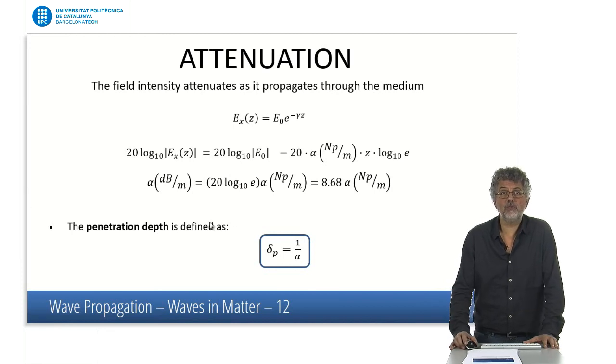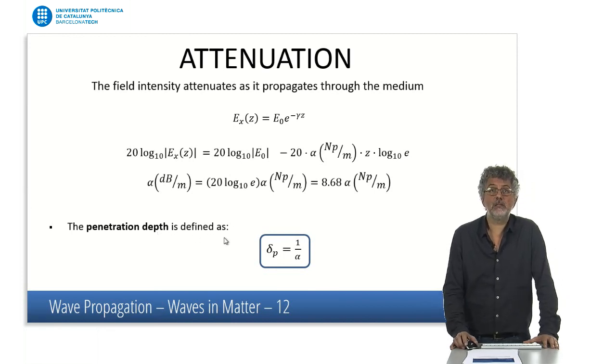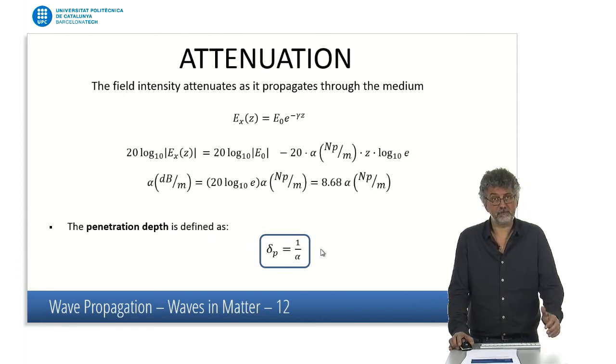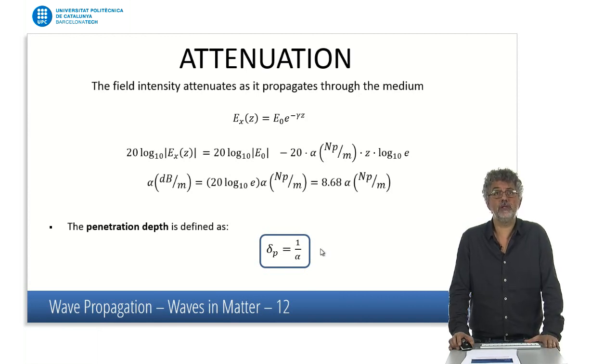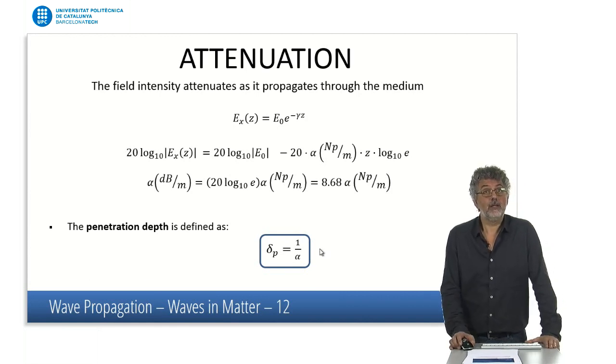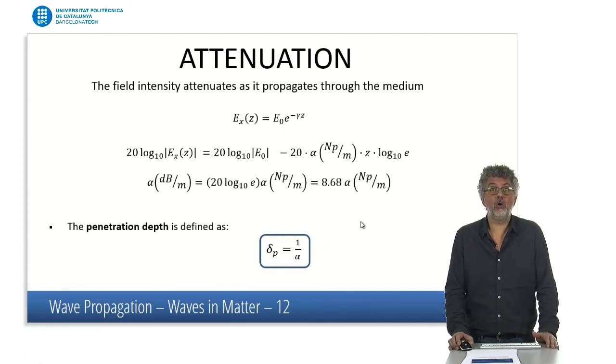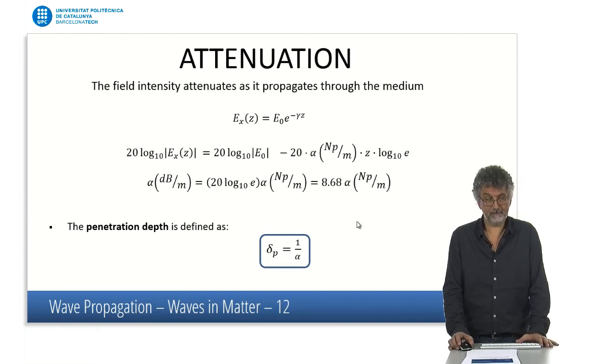We usually define the penetration depth as the inverse of alpha, and that means that when the field propagates one penetration depth, the field attenuates by 1 over e, or 8.68 dBs.